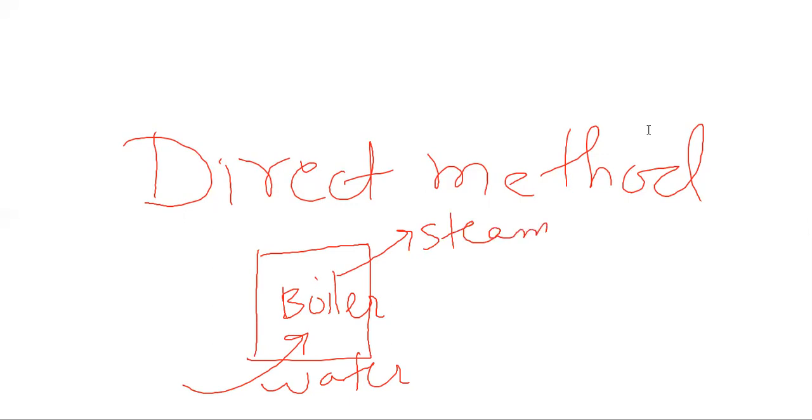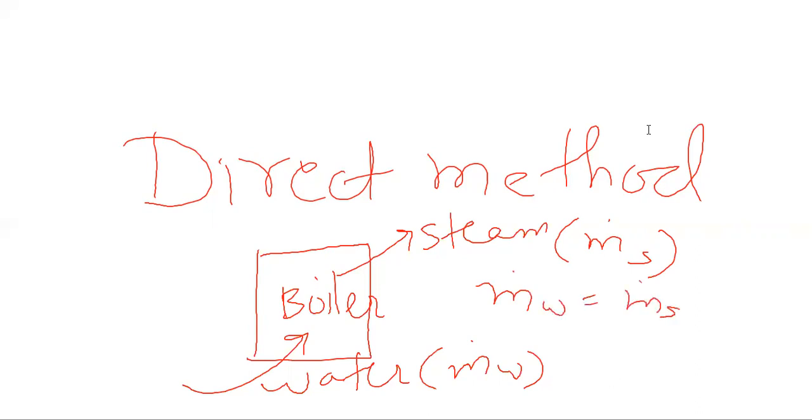Neglecting the makeup water, if the flow rate of water supplied to the boiler is m dot W, and the flow rate of the steam generated by the boiler is m dot S, then m dot W is equal to m dot S. So this is the mass balance for the boiler, and this is useful while we determine the efficiency of the boiler using the direct method.